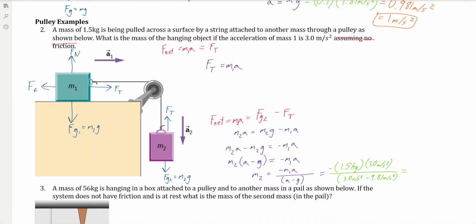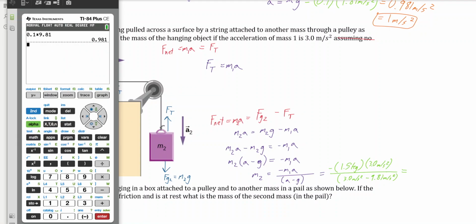And so now we just have to try this out in our calculator. So we've got negative 1.5 times 3.0 over 3 minus 9.81.